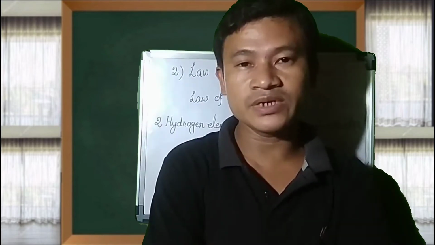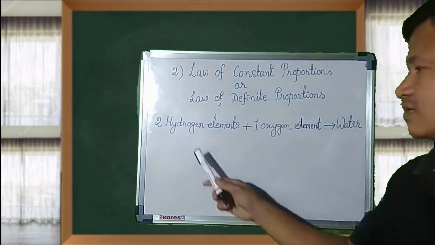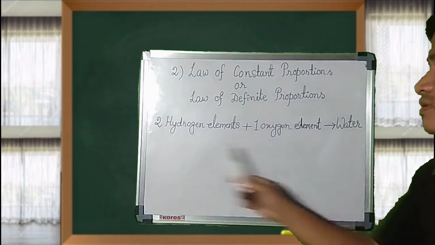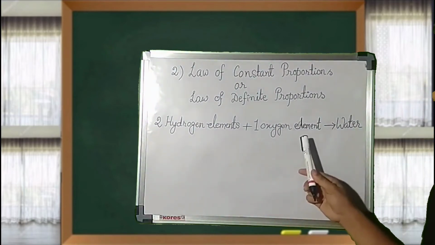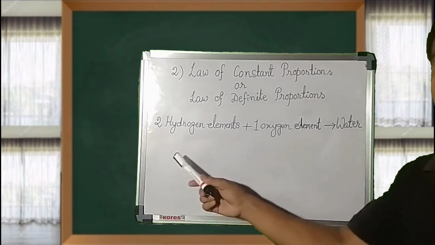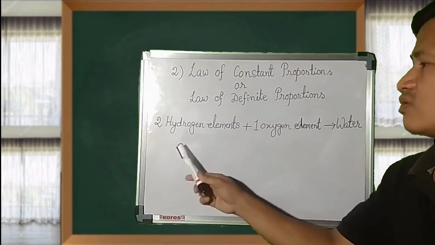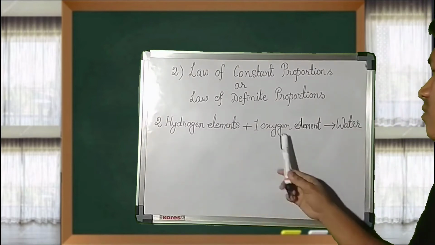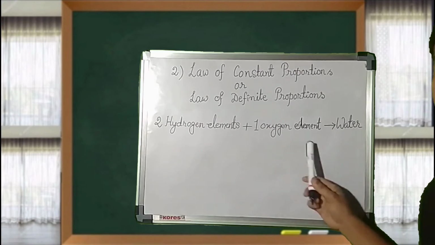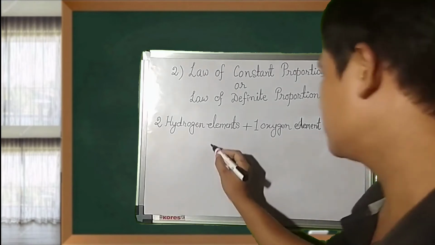In other words, water is formed by the combination of two hydrogen elements and one oxygen element. In this chemical reaction, the ratio of the mass of two hydrogen elements to the mass of one oxygen element is always 1:8.